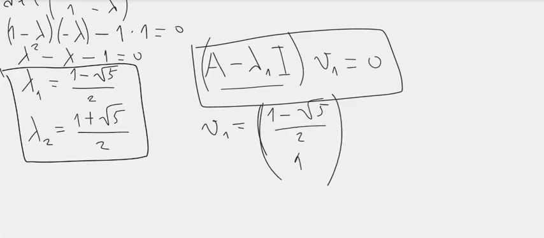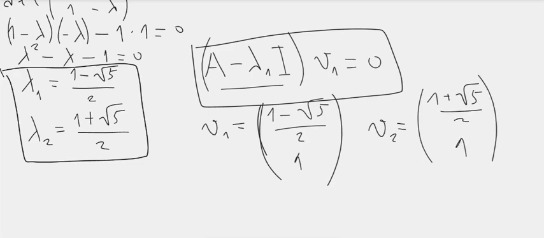So it has two elements, the first element and the second element. And similarly we can find v2. It would be 1 plus square root of 5 over 2, and 1. So we found the eigenvectors and eigenvalues.